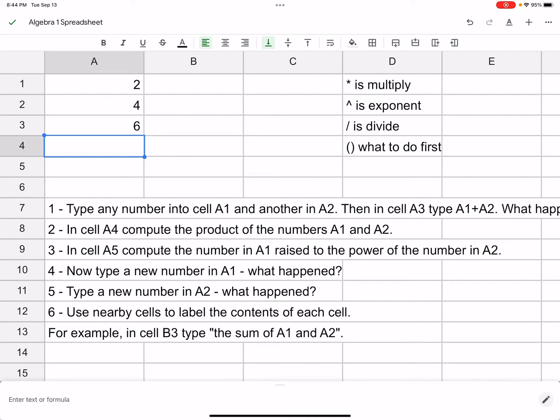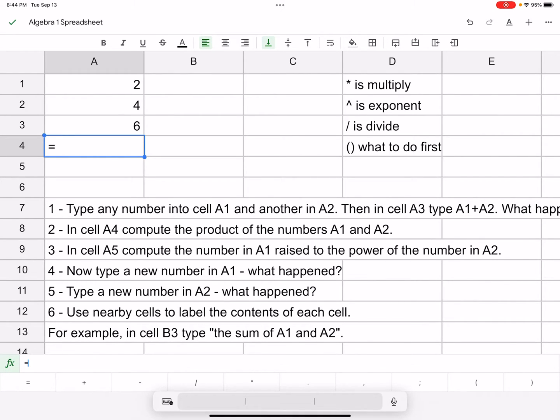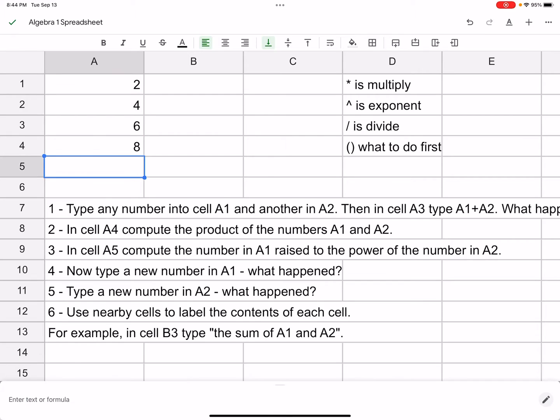Now in cell A4, number 2, it says compute the product of the numbers A1 and A2. So product means multiply. So say it equals A1 times A2. And we hit enter, so 2 times 4 is 8. Looks good.